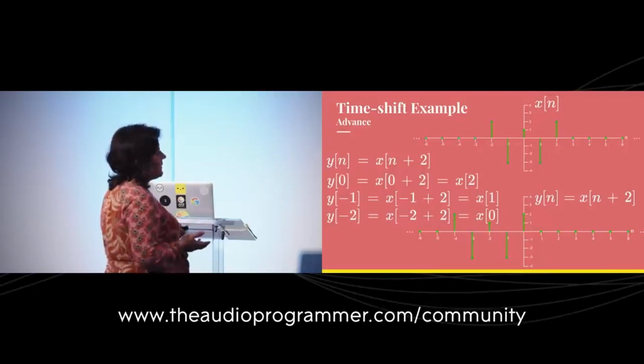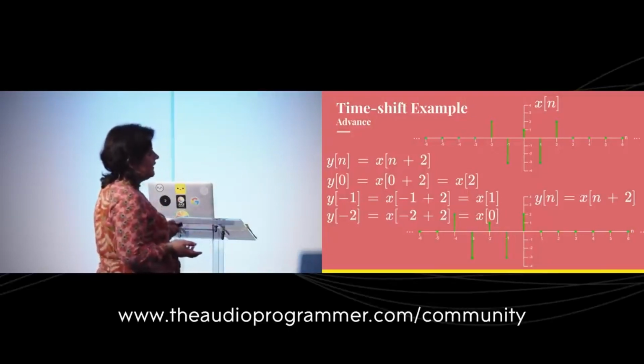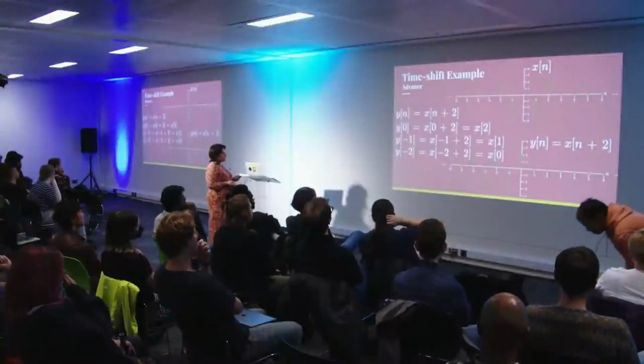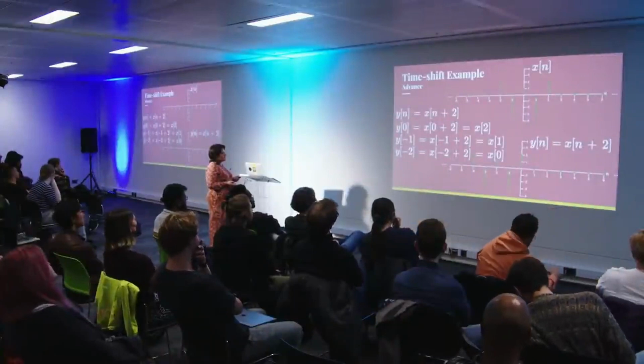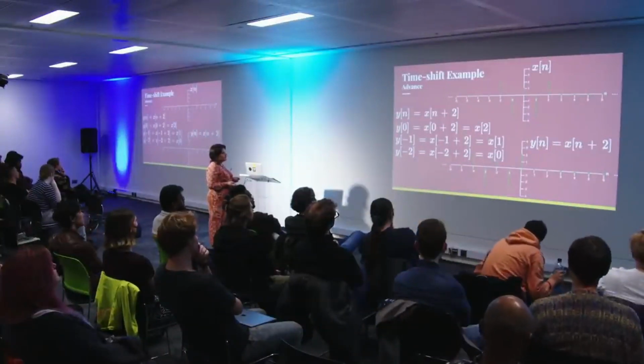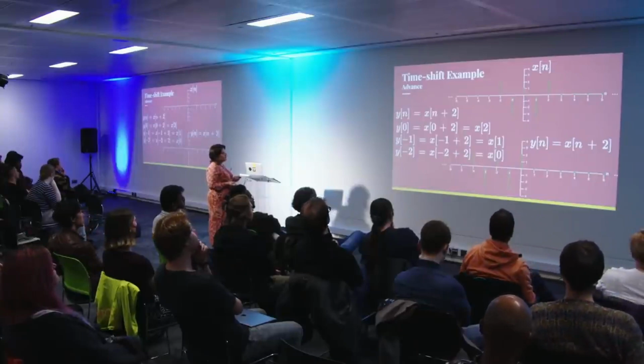But one thing we can do is plug in the values for n. So for this signal, we want the output x of n plus 2. Say we want to find the output at point 0. We're just going to plug in 0 in the place of n. 0 plus 2 gives us x of 2. So we're going to take the signal at x of 2 and place it down here at 0.